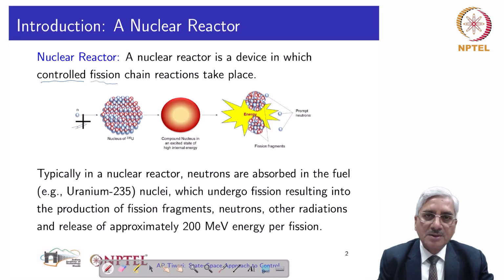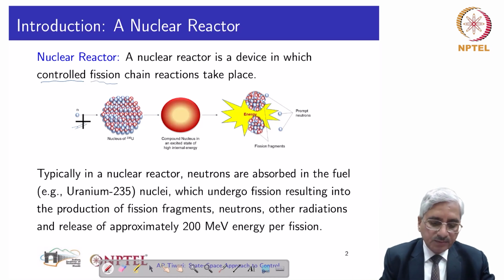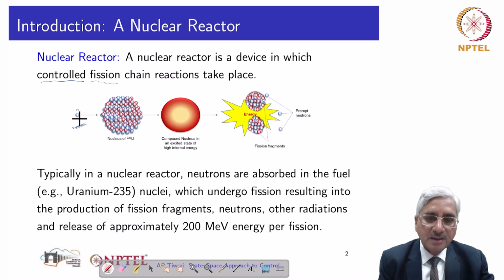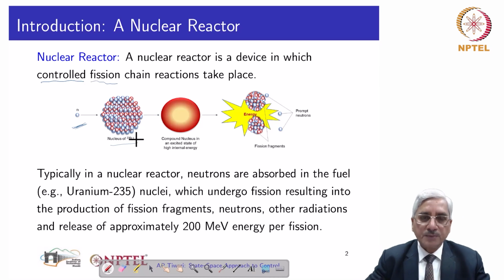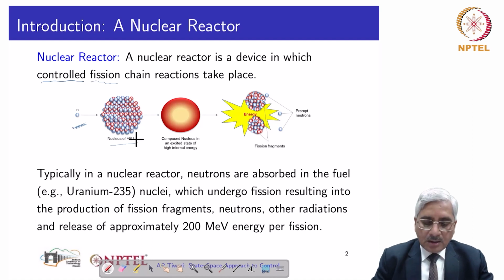This is what happens. There are so many nuclear reactions taking place simultaneously. We consider one of them. A neutron at an appropriate energy bombards the nucleus of uranium-235 and gets absorbed into it. The compound nucleus, which now contains an excess neutron, is in an excited state.